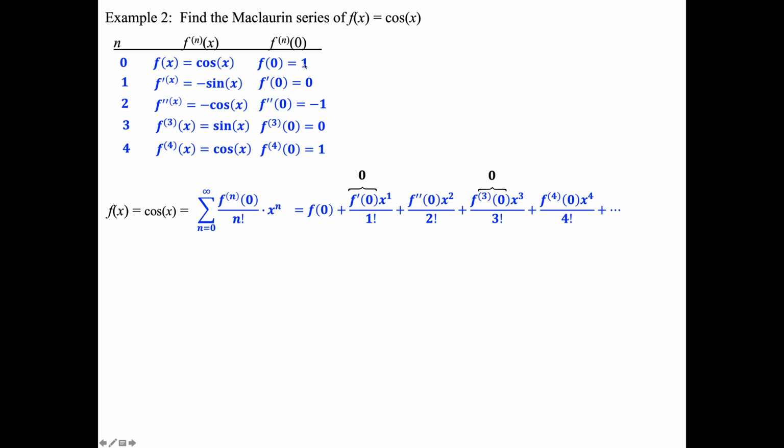Now, we had alternating signs on our 1. Our first f of 0 was 1. Then when n was 2, it was a negative 1. Then when n is 4, it's a positive 1. And that's going to continue in that pattern.